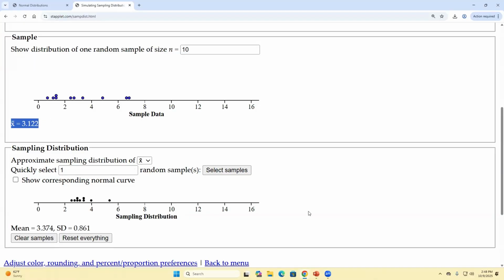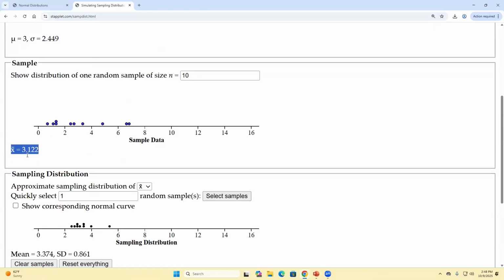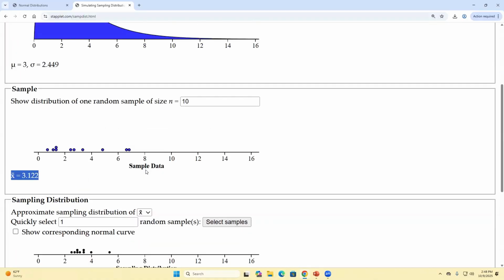and then that sample mean gets added to the sampling distribution. And one thing that we'll notice when we take a look at this sample mean here is that sometimes, if you recall last time we met, I mentioned that the sample mean is an unbiased estimator of the population mean. And the reason for that is that sometimes it overestimates the population mean. Population mean is 3. Sample mean is 3.12. That's an overestimation. Sometimes it underestimates it.